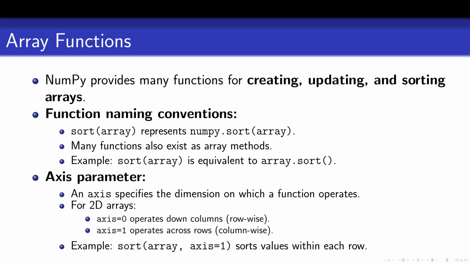Sort array with axis equals 1 will sort the values in each row individually. If you omit the axis or set it to None, the array will be flattened before the operation is applied. Many of these functions are available both as standalone functions and as methods attached to array objects, offering flexibility in syntax. The ability to operate along specific axes is critical when performing tasks like normalization, aggregation, or feature engineering, where understanding the structure of the data is just as important as the values themselves.